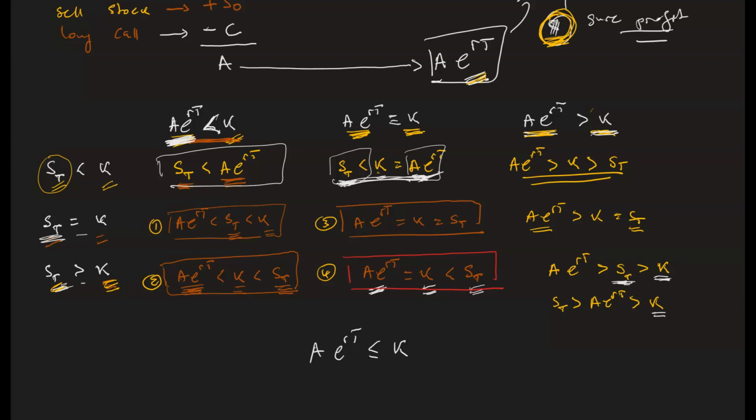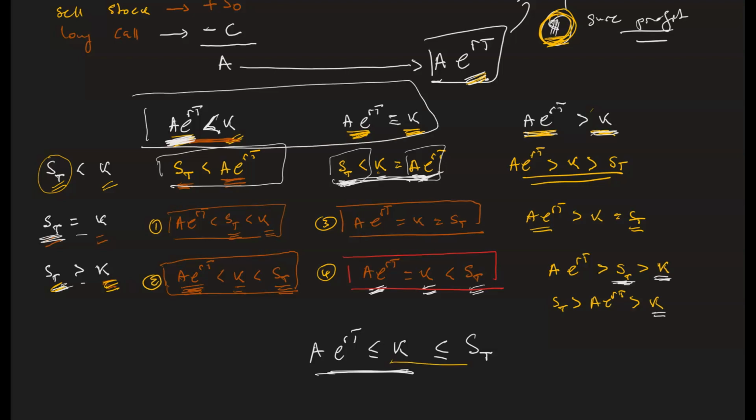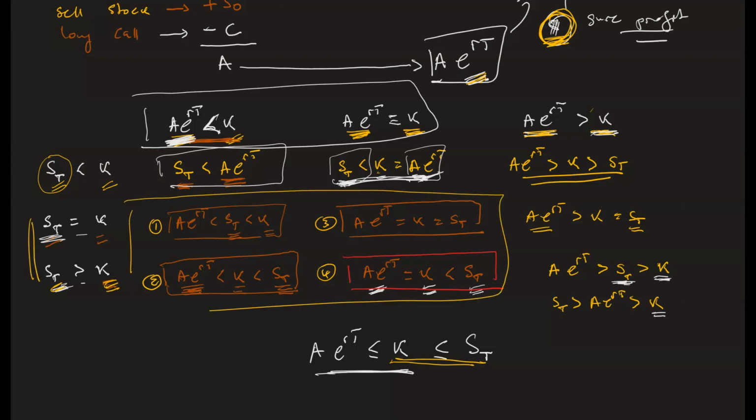So the stock price is also greater than or equal to the strike price. This is essentially what we're going to have. This relationship here is what we have above. This relationship here is what we have here. And that gives us all four scenarios. So that's where we do not have any arbitrage opportunity.